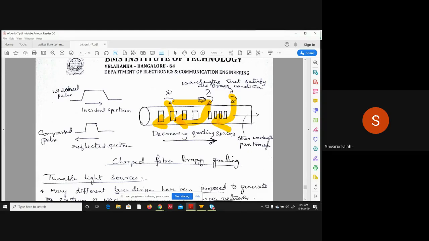The third wavelength has traveled so much distance. Second wavelength has traveled this distance, third wavelength has traveled this distance, whereas the first wavelength has traveled only this distance, right? So the first wavelength has traveled only a small distance and been reflected. The second wavelength has traveled half the distance inside the grating and been reflected.